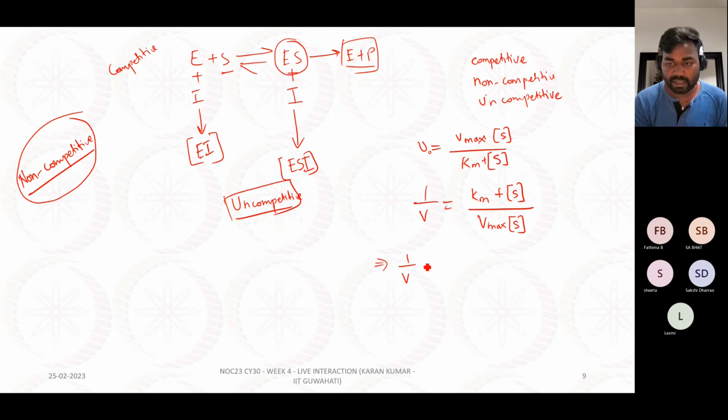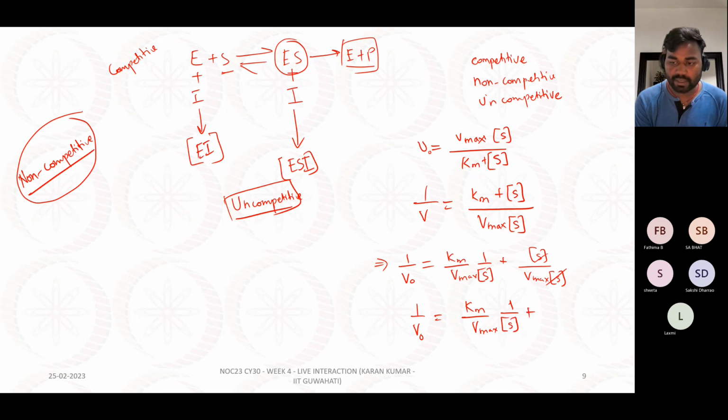Thereby you will get Km by Vmax into Km plus S divided by Vmax into S. S is cancelled, and thereby you get the equation 1 by V naught is equal to Km by Vmax into 1 by substrate plus 1 by Vmax. So this is what the Lineweaver-Burk plot is.